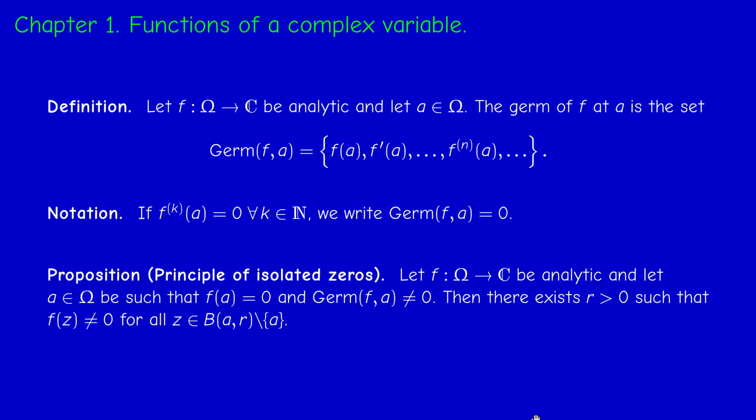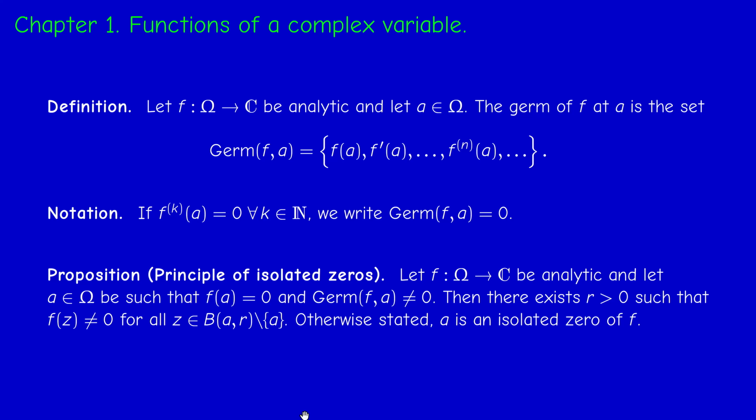Then what is the conclusion? Then f doesn't vanish on the punctured disk about A. Otherwise stated, A is an isolated zero. So in a neighborhood of A, A is the only zero. All other possible zeros are at a certain distance from A.